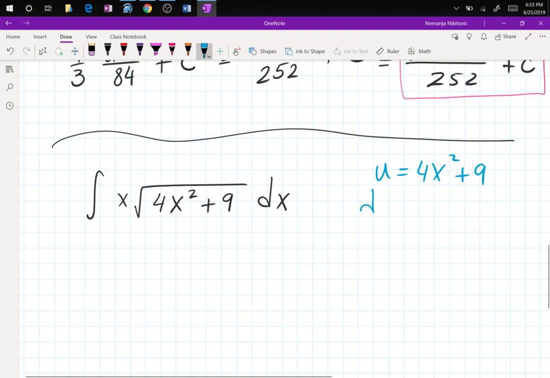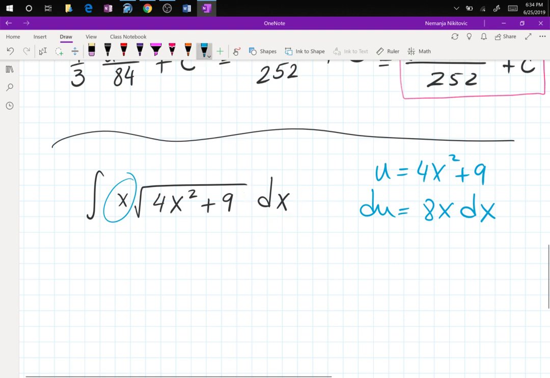So now du is equal to 8x dx. So it's du over dx, but then you ship dx to the other side. So we have 8x dx. Now, do you have 8x dx? No, you only have x dx. You are missing an 8.